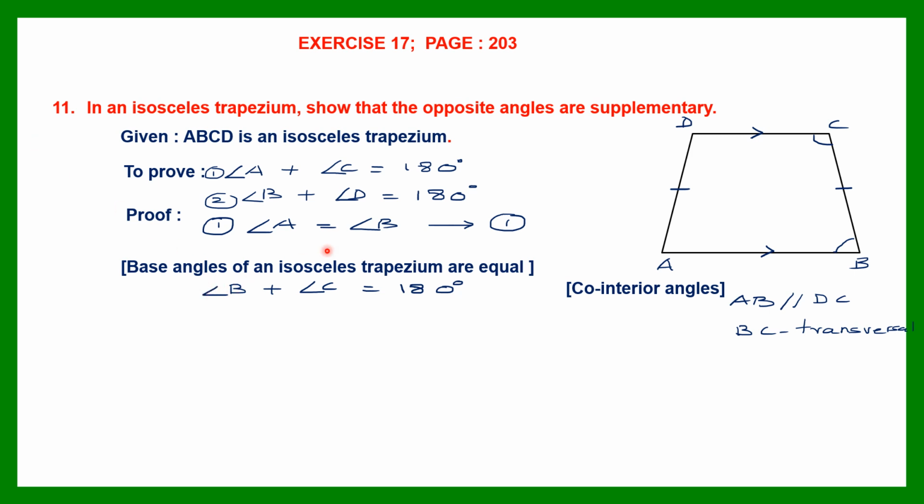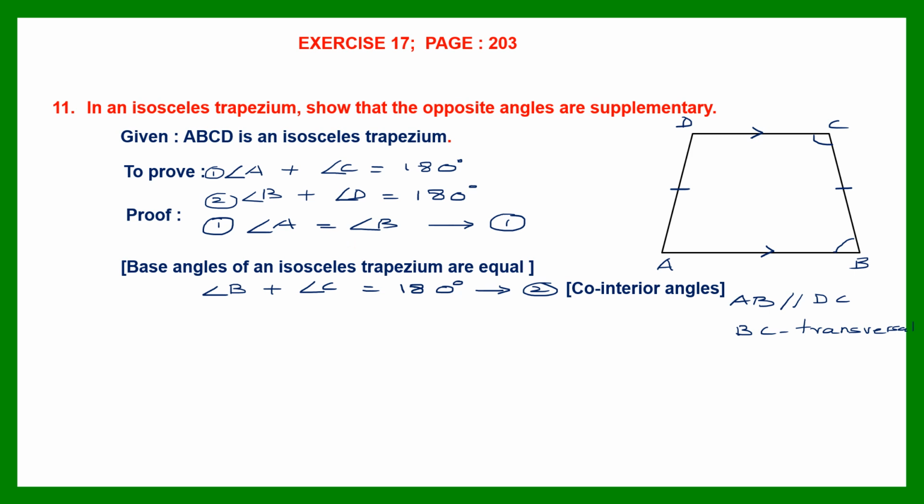Now let's look at equation 1 that we have written here. So this is equation 1. Now this one, angle B plus angle C, we'll write this as equation 2, because we are going to substitute from equation 1 into equation 2. Here we said angle A is equal to angle B, isn't it? So in the place of B, I can write A because they both are equal.